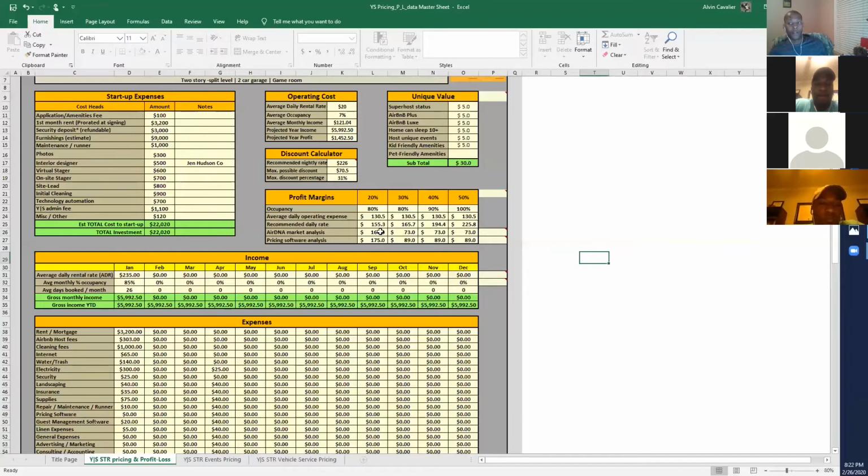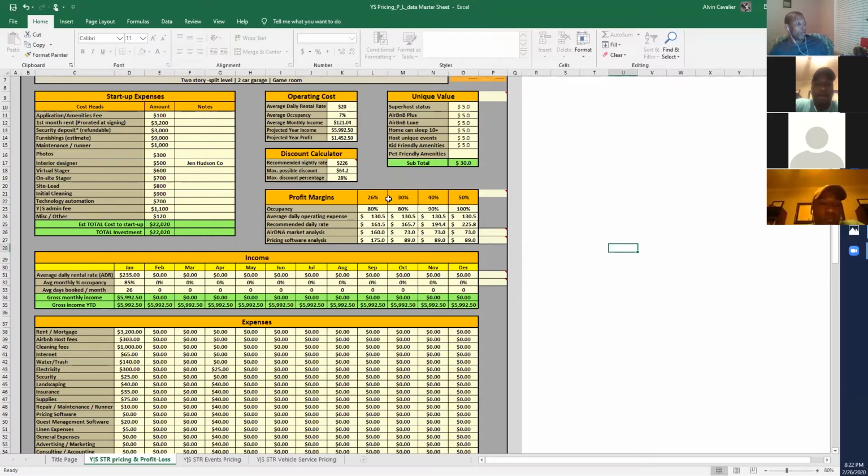But understanding this, strictly from a business standpoint, you could then go in and play with this. Let's just bump it up to 30%, which gives us 165 a night. Let's come down to 28%, and down again to 26%.